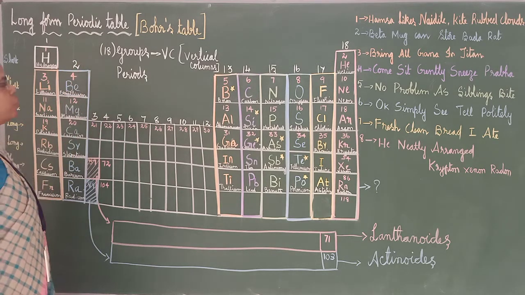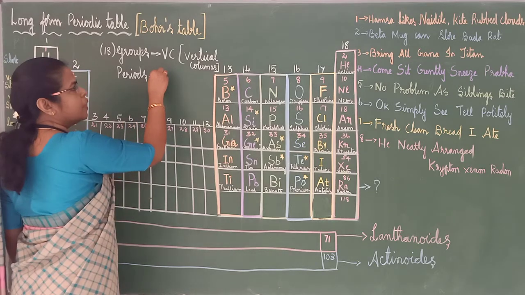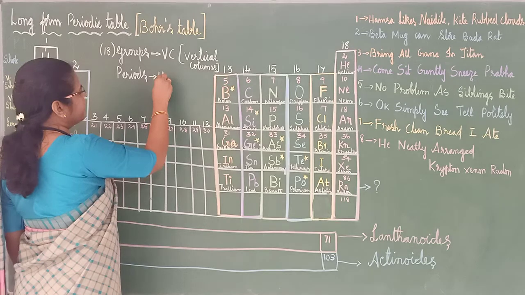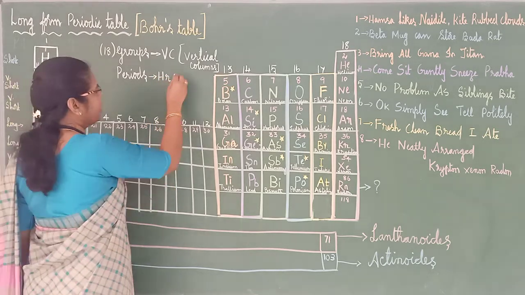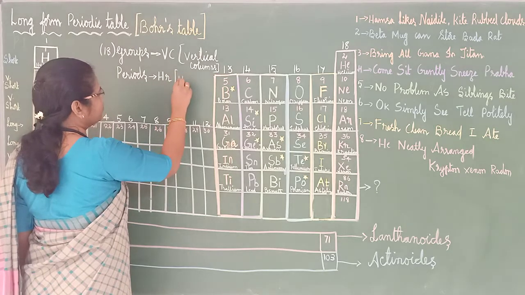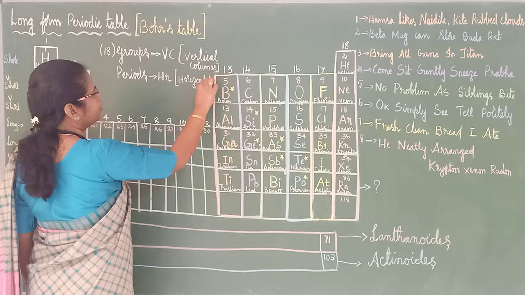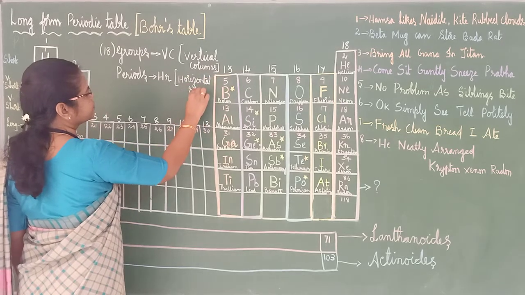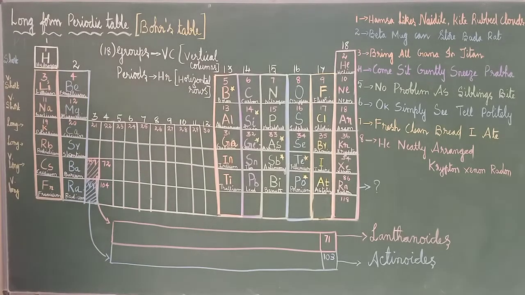And for periods also we should have one mnemonic, Himalayan rivers, so that you can remember horizontal rows. Horizontal rows are called periods. See here, horizontal rows means like this.